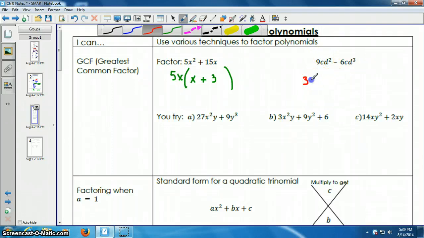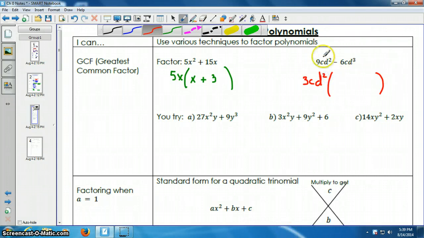Well, there's just one in each of them, and it has to be in each term for it to be able to come out front here. So again, I'm going to have those parentheses, and my number out front is the greatest common factor. D squared and d to the third, or d cubed, I can pull d squared out because there's d squared here and d cubed here. So the biggest thing that they both have in common, d squared.